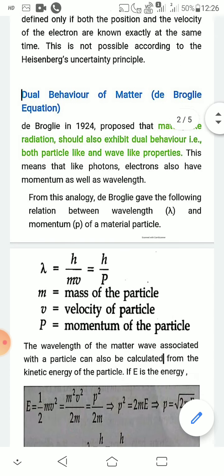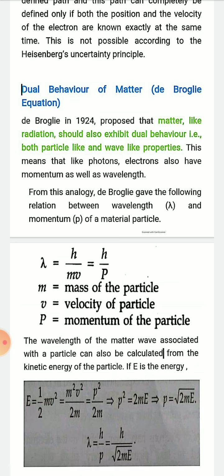Now, dual behavior of matter and the de Broglie equation. What is dual? I told you in a previous video, I think the second video of this chapter, that radiation can show dual behavior, that is wave nature and particle nature.